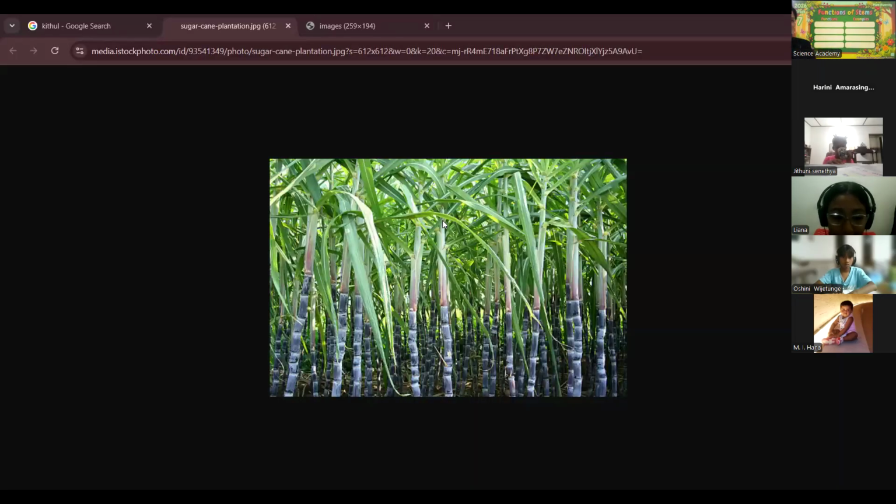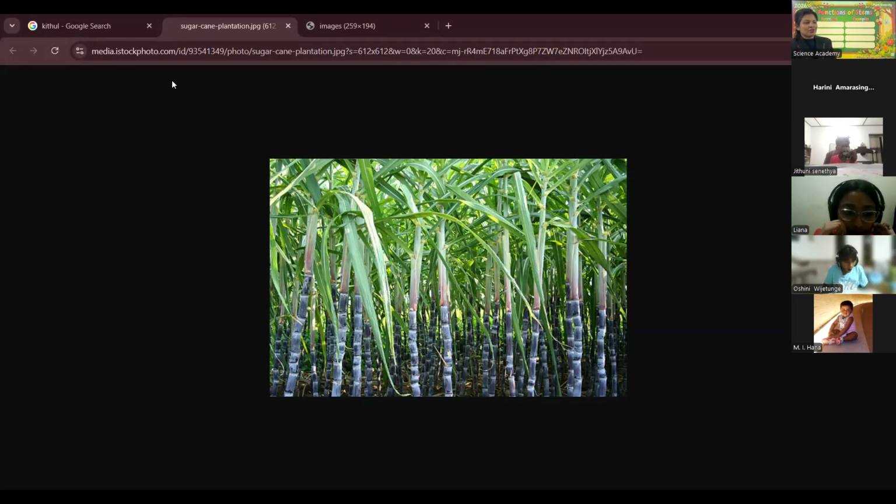Children, can you see these sugarcane stems? The stem stores food in it, sugar. They store sucrose in it. So that is the information on it.